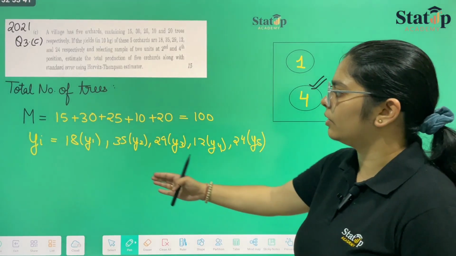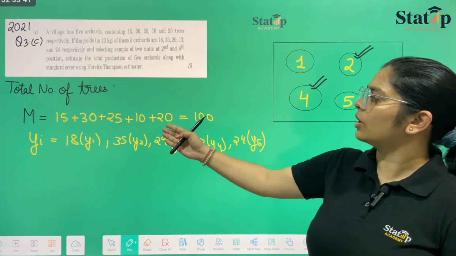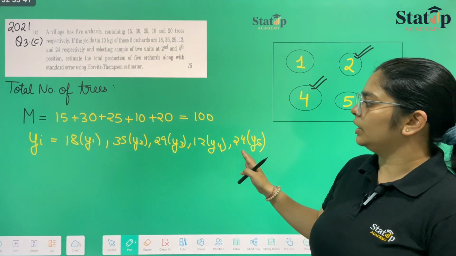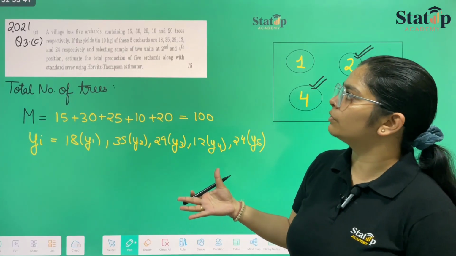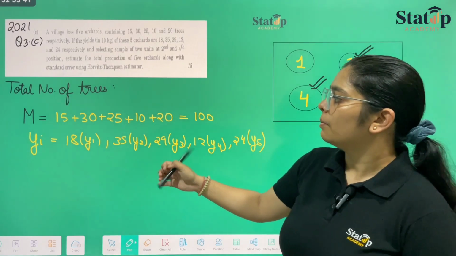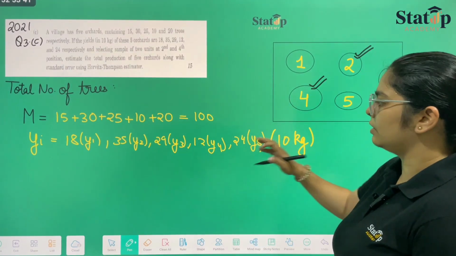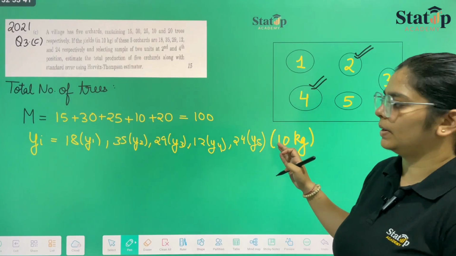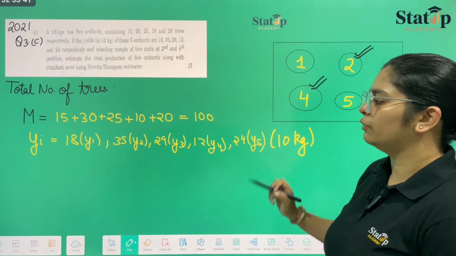Now, as you see here, Yi, that is the yield per orchid, is changing with every orchid. One orchid is giving 180 kgs of fruits, then another is 350 kgs, because it is in 10 kgs, everything will be multiplied by 10 respectively. So 290 kgs, 120 kgs and 240 kgs.